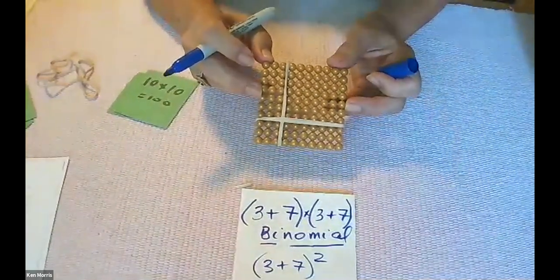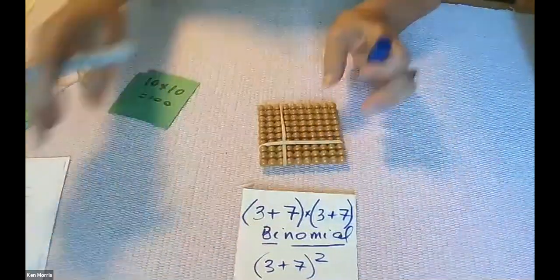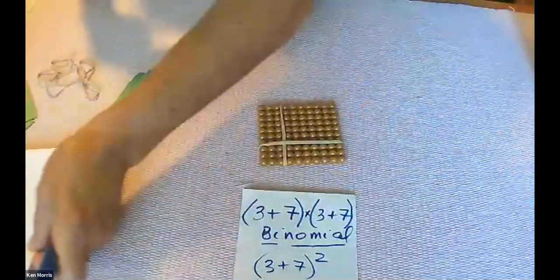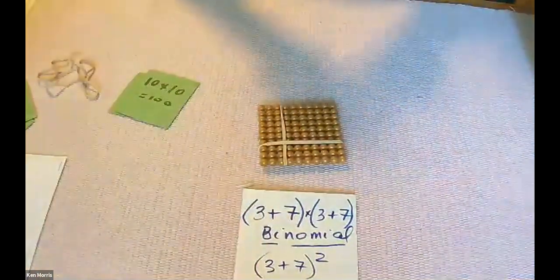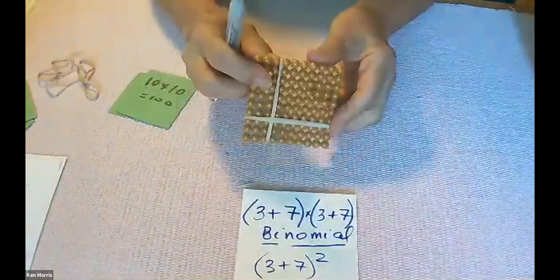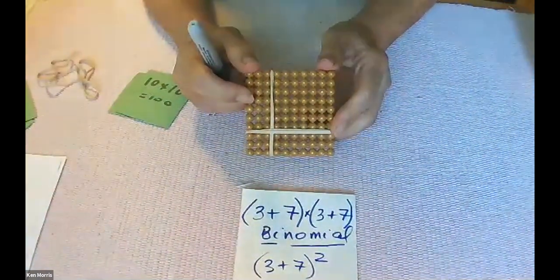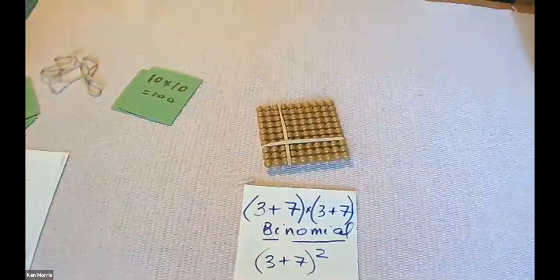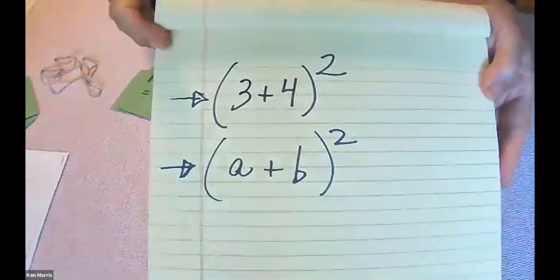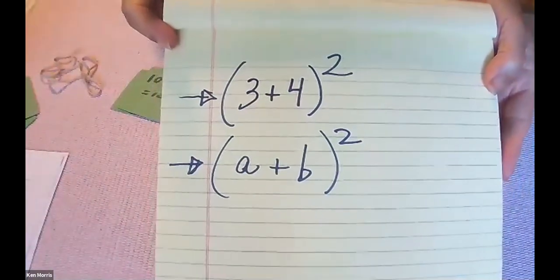Just keep in mind what I said before about the squaring of the binomials. I hope you were here for that at the beginning, where I talked about this right here. This is the kind of thing we learned in algebra, okay?